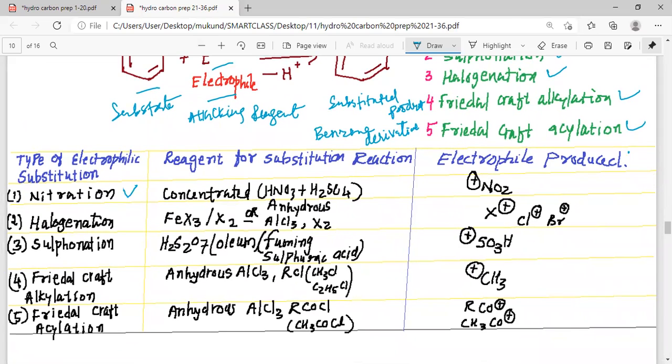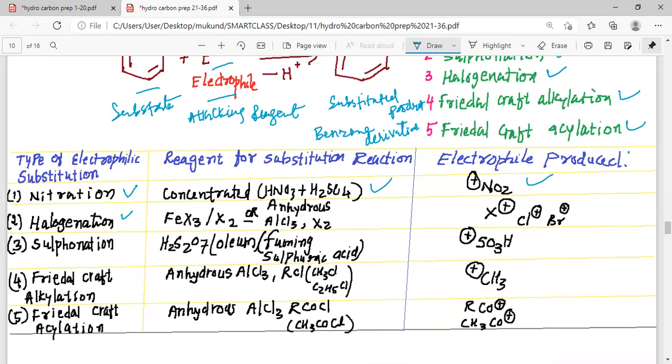For nitration, my dear students, we use concentrated nitric acid and sulfuric acid. So the mixture of concentrated nitric acid and sulfuric acid is used as the reagent for nitration, and we get the electrophile NO2+. Same way for halogenation, my dear students, we can use FeX3 with X2.